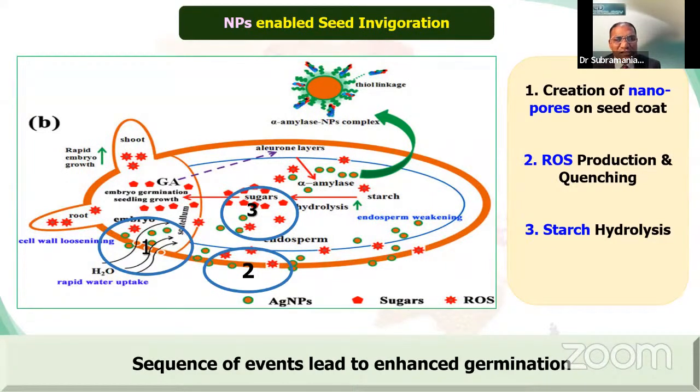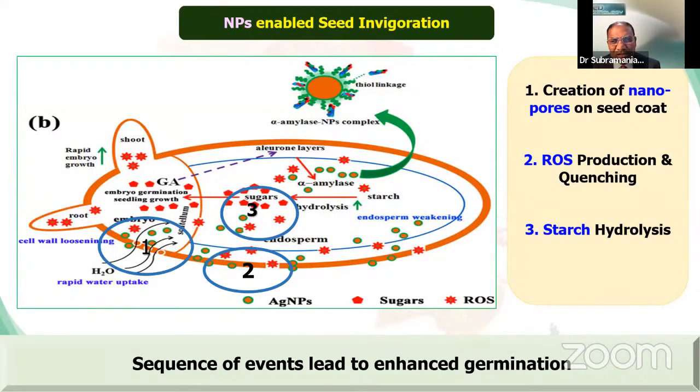There are 3 processes going on in the seed that improve the germinability of the seed. The first and foremost thing is this: in this particular case they used silver nanoparticle. The nanoparticles are, by physical property, tougher than diamond.